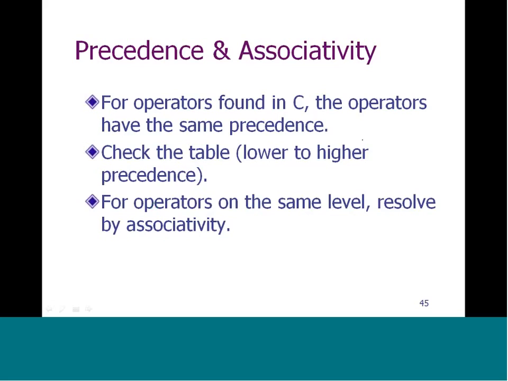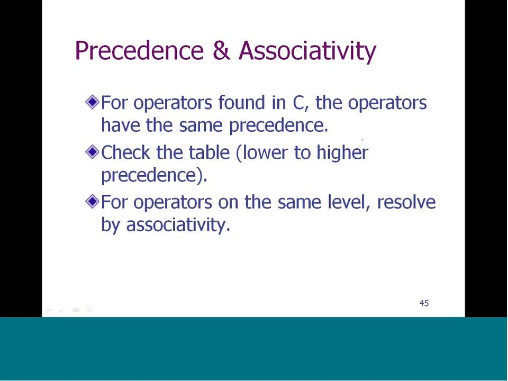I'll talk about that table in the next slide. For the operators at the same level, it's resolved by associativity. So there are two ways: there's a table which goes from top to bottom, and then we also have some rules regarding associativity, which is used to resolve the operators at the same level.